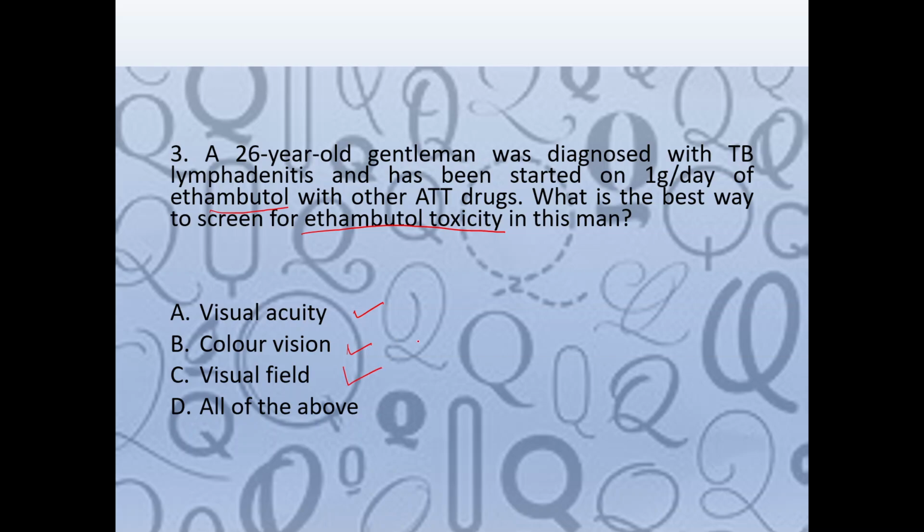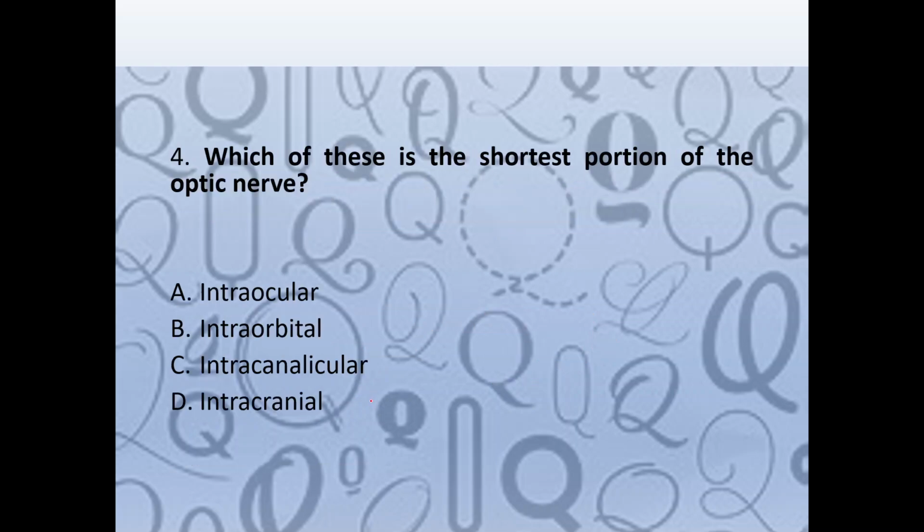Visual field, yes. Pupillary reaction, which we cannot use to monitor toxicity. So all these three things are used to monitor ethambutol toxicity. The upper limit of ethambutol for causing toxicity is 15 mg per kg per day. So all of the above is the answer here.